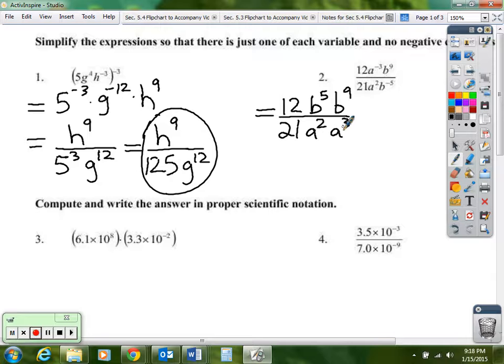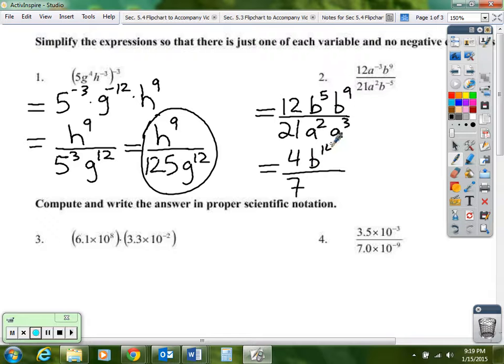We now have expressions both on the top and the bottom which require us to add exponents. We reduce the 12 over 21, divide top and bottom by 3, not 4. 4 is left on top, 7 is left on bottom. b to the 5th times b to the 9th, 5 plus 9 is 14.